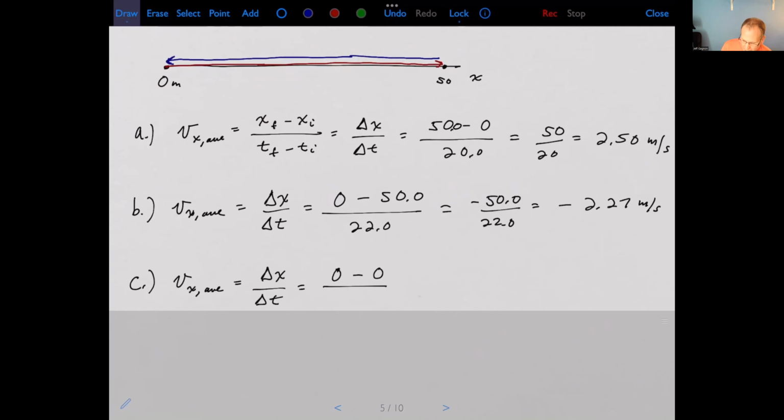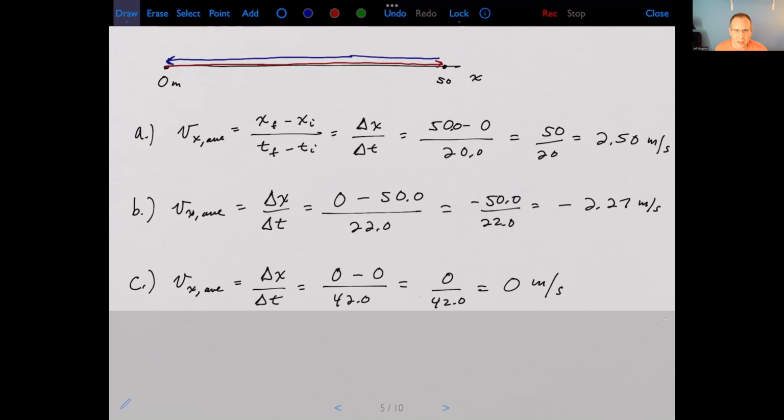And the elapsed time would be the total time, which is 20 plus 22, so 42 seconds. But what is 0 minus 0? That's simply 0, right? And then 0 divided by anything is going to equal 0. So it turns out that her average velocity over the entire swim is 0 meters per second.